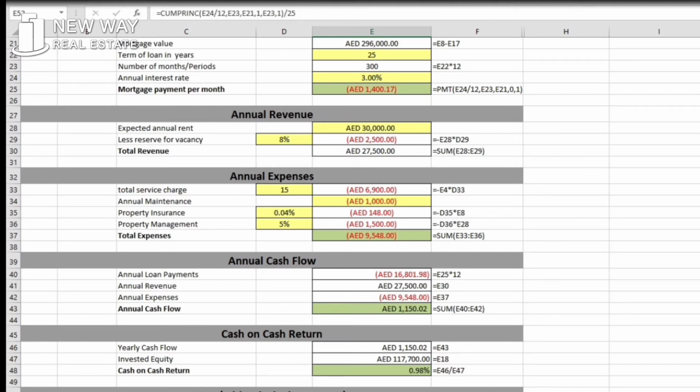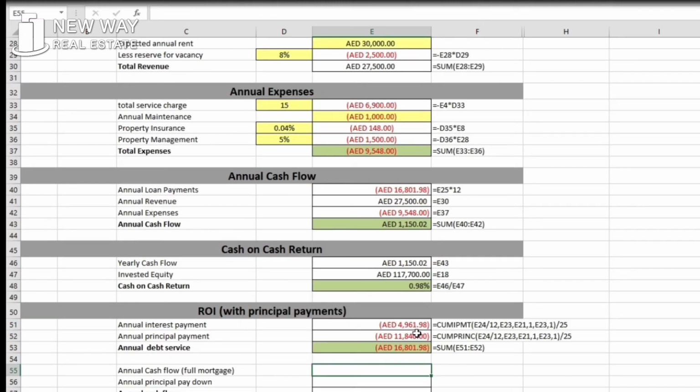So every year you're paying 11,840 into your principal. The annual debt service, or the annual loan payment, equals the sum of the above, the sum of both, which is 16,801, exactly the same as what we calculated earlier.